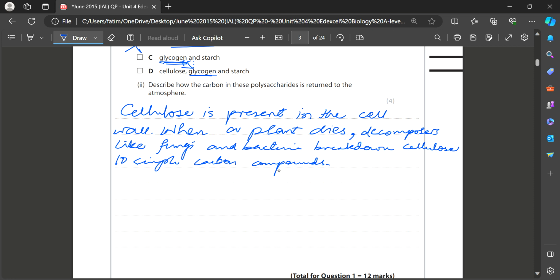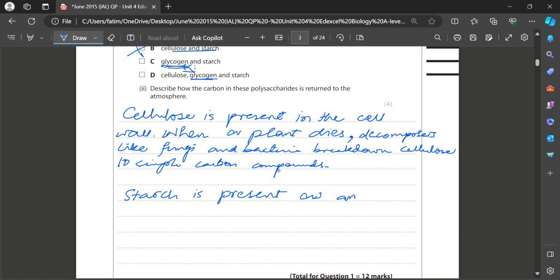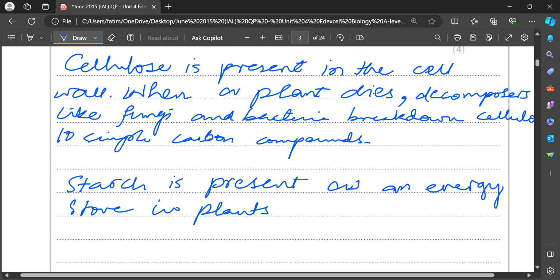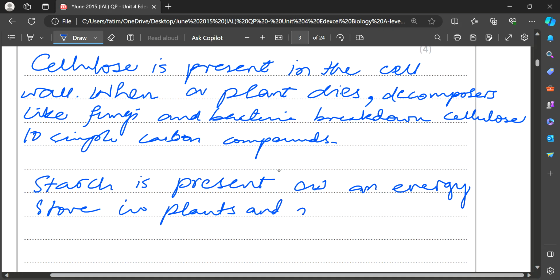Now I'm going to mention starch. Starch is present as an energy store in plants, and it's made of glucose monomers.